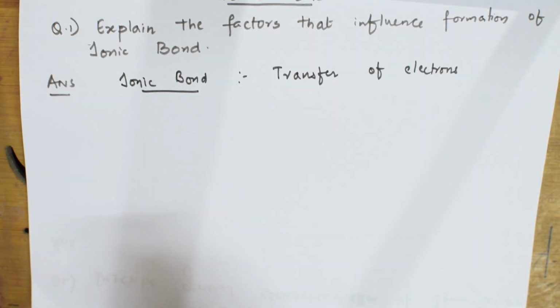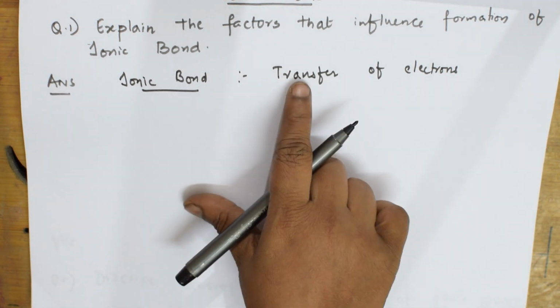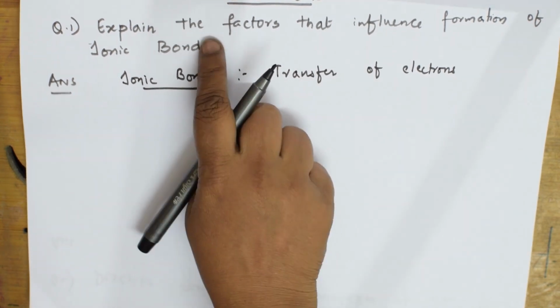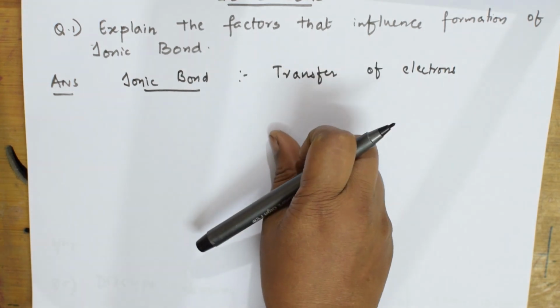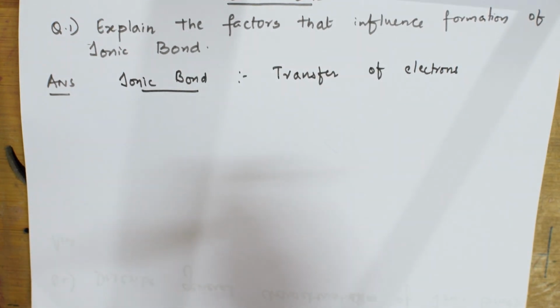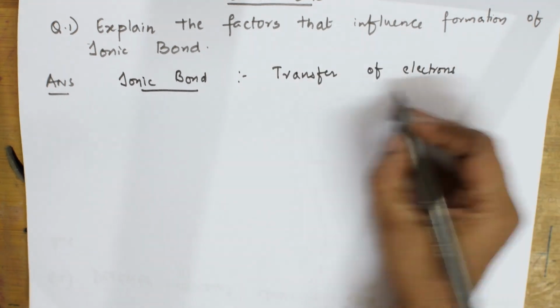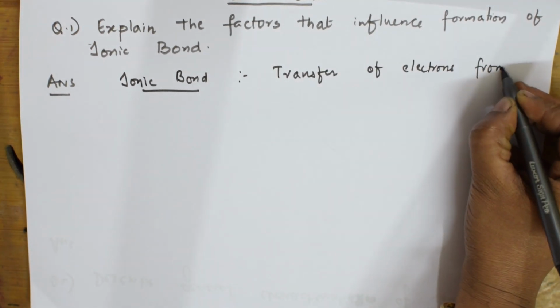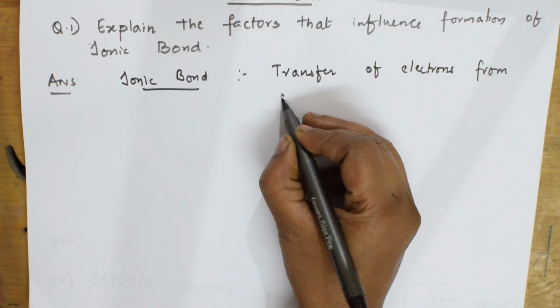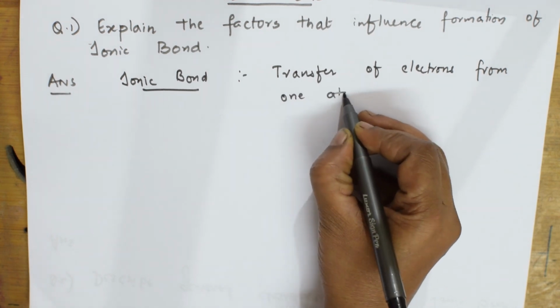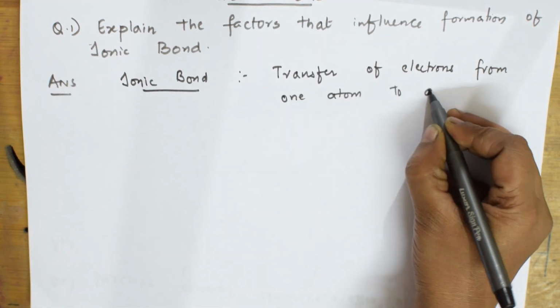Covalent bond is sharing of electrons, correct? So in ionic bond, there is transfer of electrons from one atom to another. This is a basic concept.